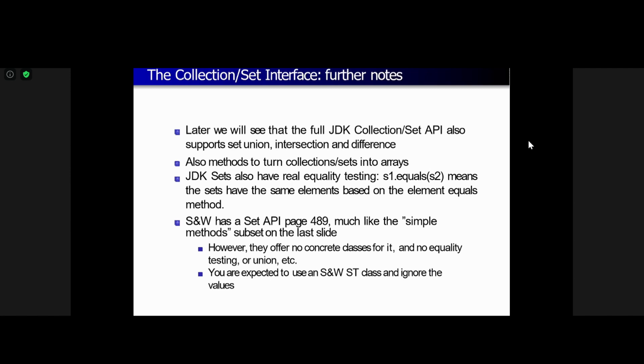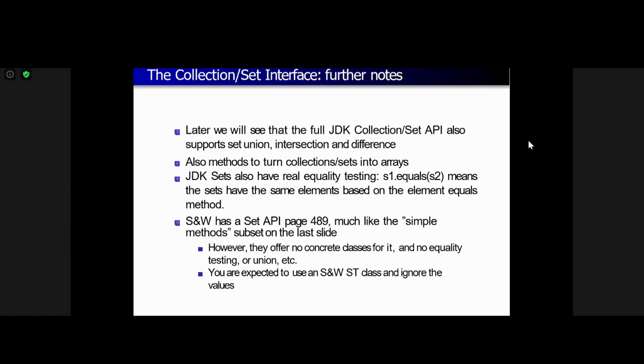So if you have two sets, S1 and S2, you can ask whether, in fact, they are the same set by doing S1.equals(S2). Okay? So if that comes back true, that means they have the same elements based on the element equals method. Okay? So it, of course, does depend on that.